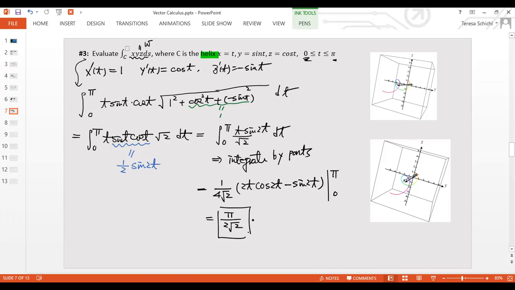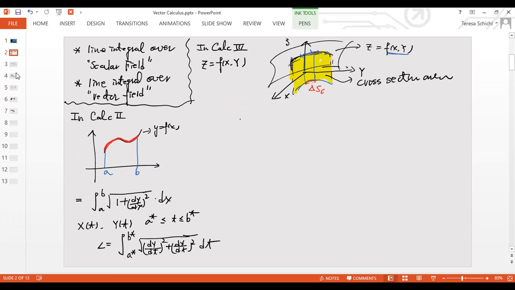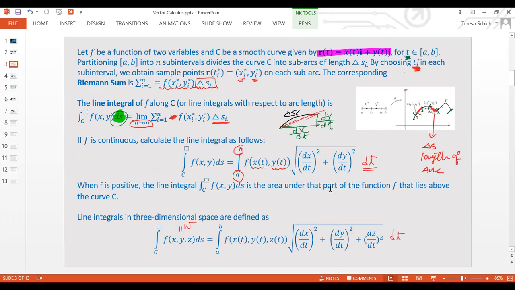The key formula we have here is that you need to change your line integral using the parametric form. You change x to a parametric form, y to a parametric form, and then you do dx/dt squared plus dy/dt squared, very similar to what we did in Calculus 2, finding the length of an arc, right?